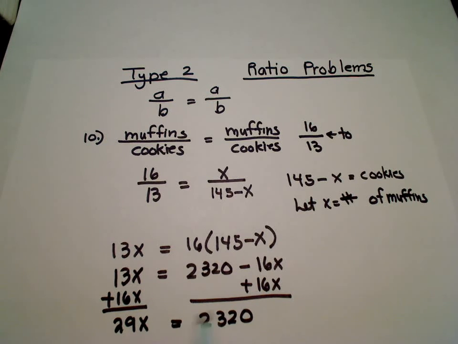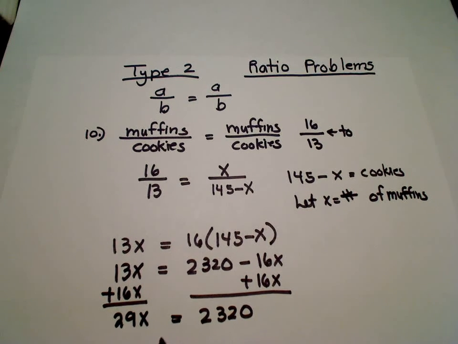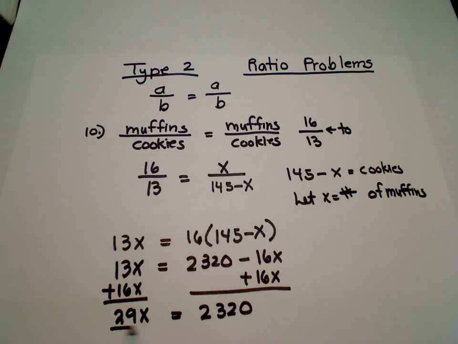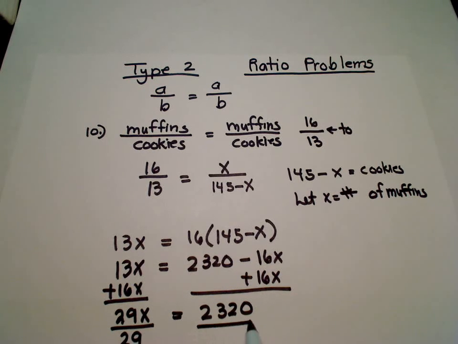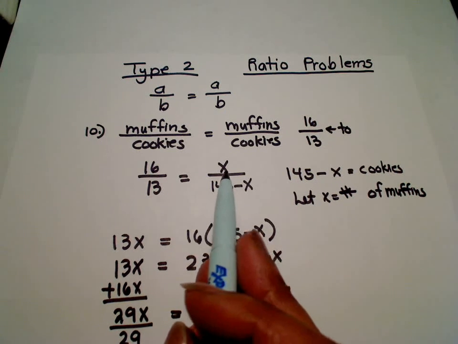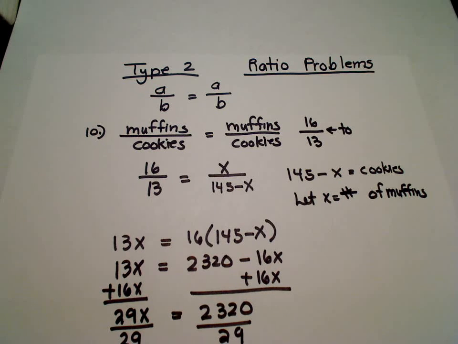Okay, so now what am I going to do? I'm going to divide both sides by 29, and when you do that, you end up with x equal to, and you could take your calculator and come up exactly with how many x's, which means how many muffins you actually have altogether.